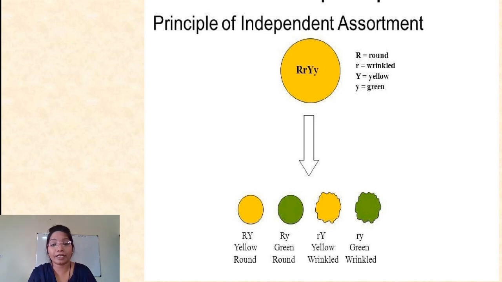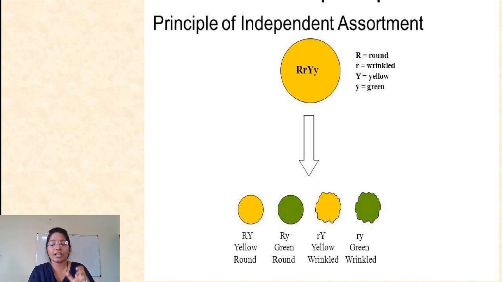Similarly, capital R forms a new combination with small y, that is green round. Similarly, small r forms a combination with capital Y, that is yellow wrinkled, and again small r with small y, that is green wrinkled.